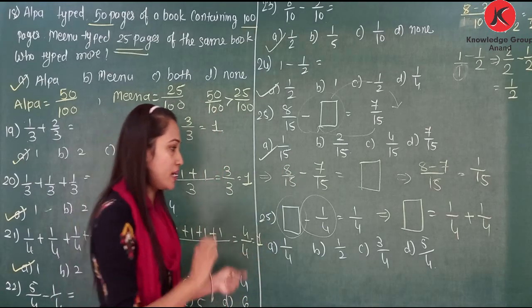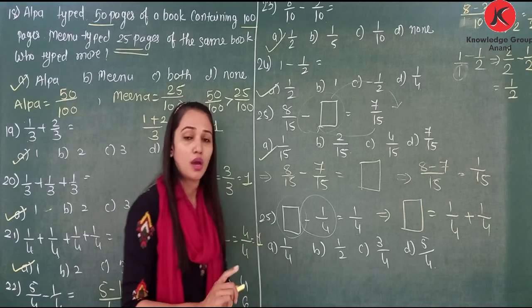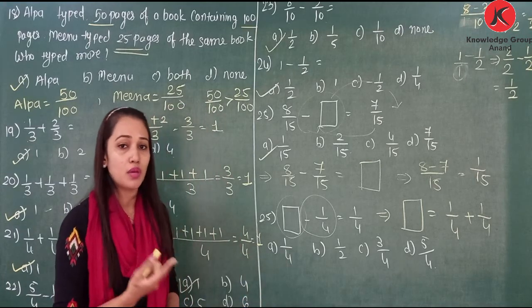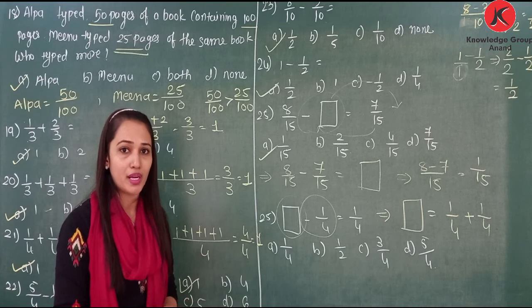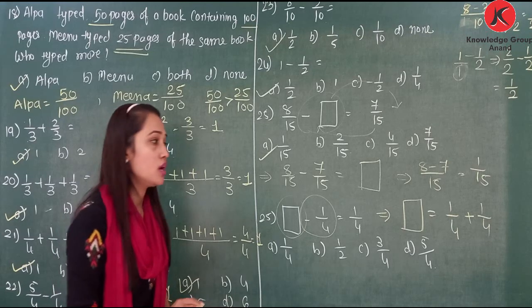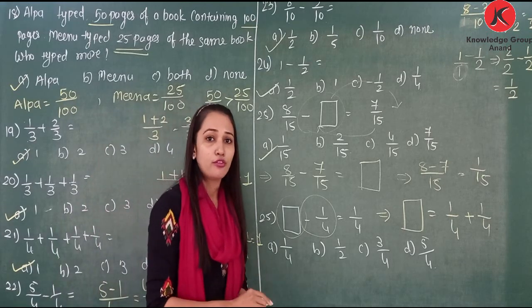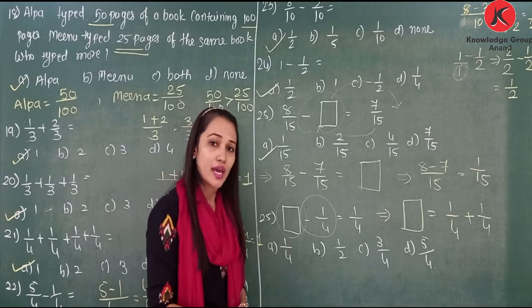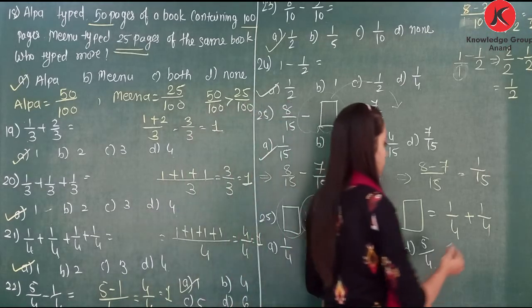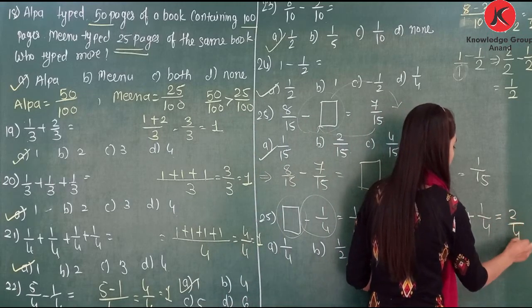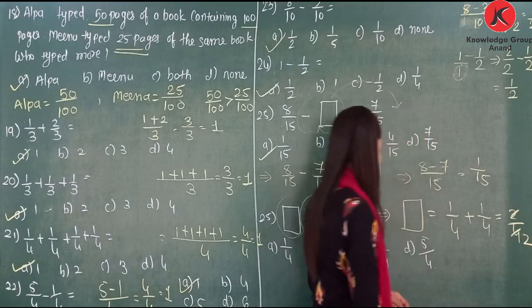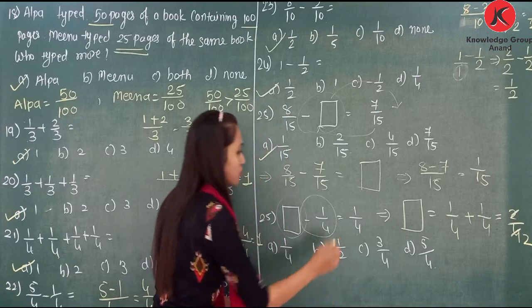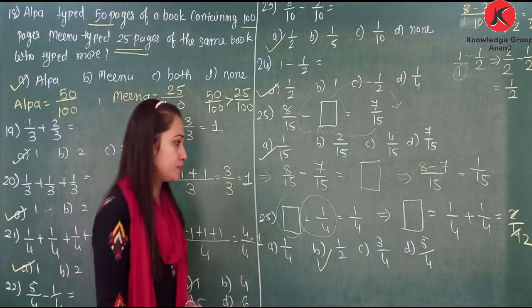Inverse operation: addition becomes subtraction, subtraction becomes addition, multiplication becomes division, and division becomes multiplication, when we are moving numbers from one side of the equal sign to the other. So here 2 by 4, 1 by 2. So the answer is B. 1. Okay.